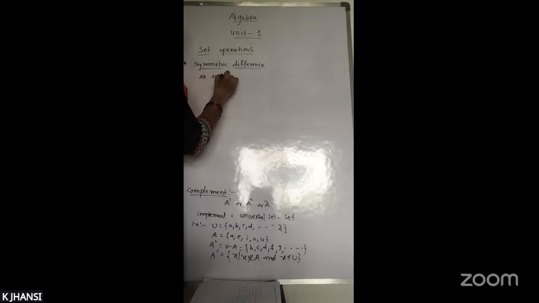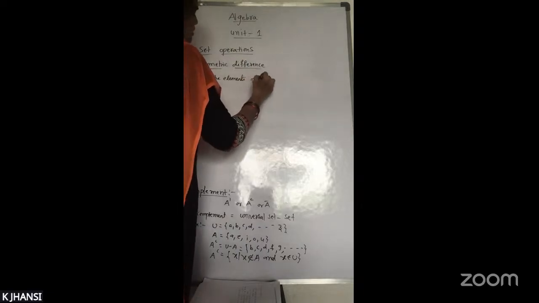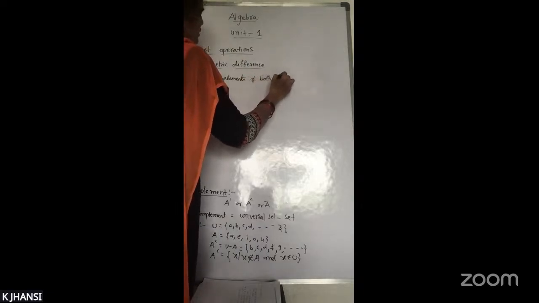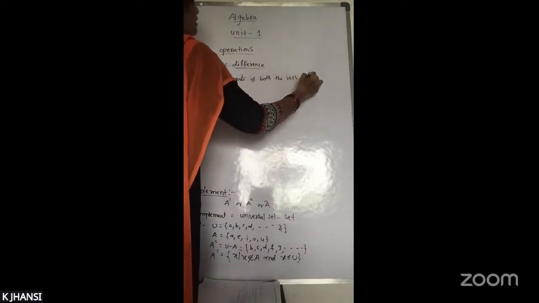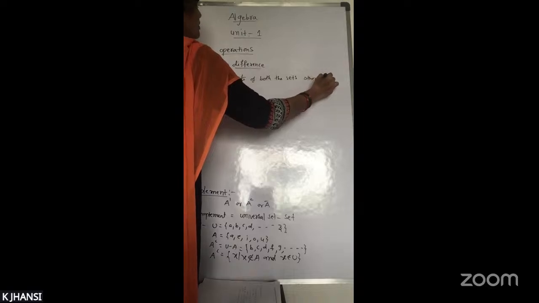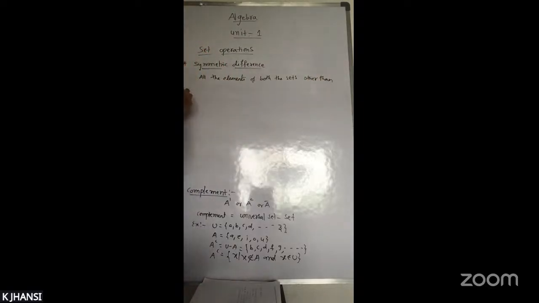All the elements of both the sets other than common elements.